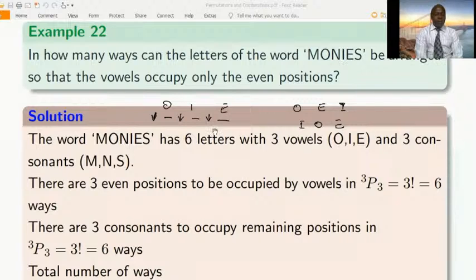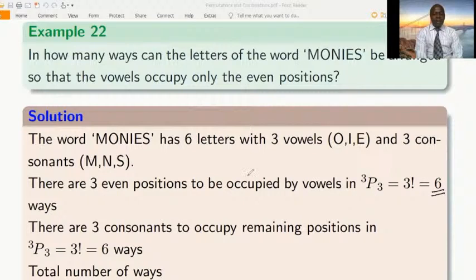That's why I said there are 3 even positions to be occupied by the vowels in permutation. So it will be 3 positions, 3 vowels arranged 3 at a time. So it will just be 3 factorial, which is 6 ways.